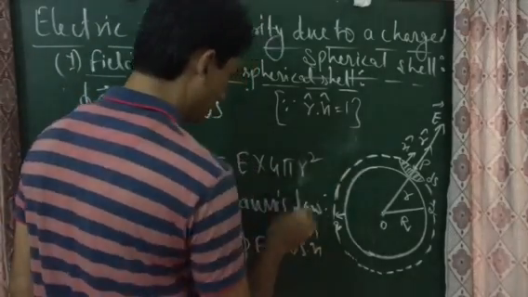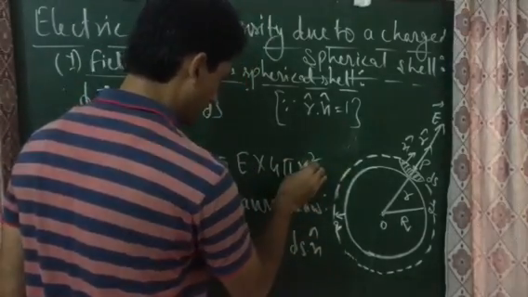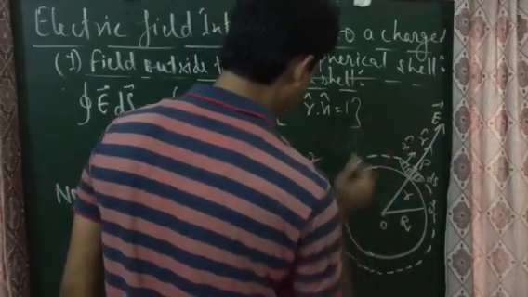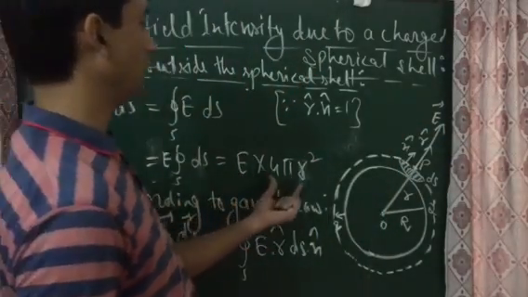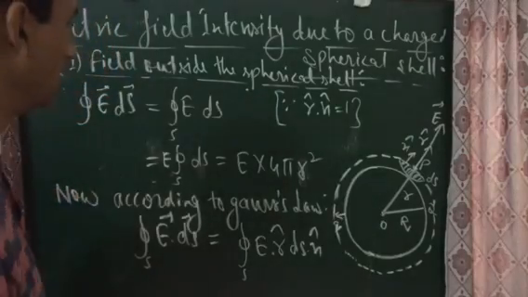At a distance, point P पे find कर रहे हैं, तो E into 4 pi small r square.